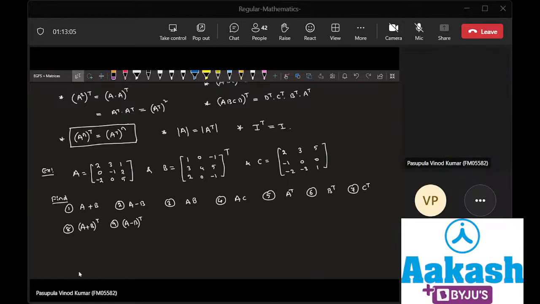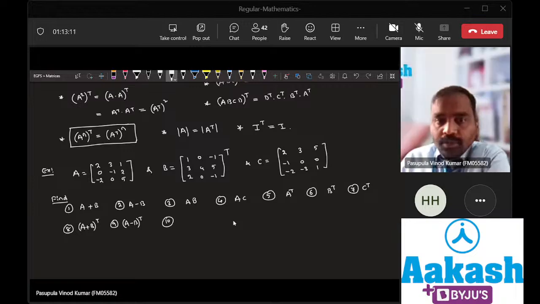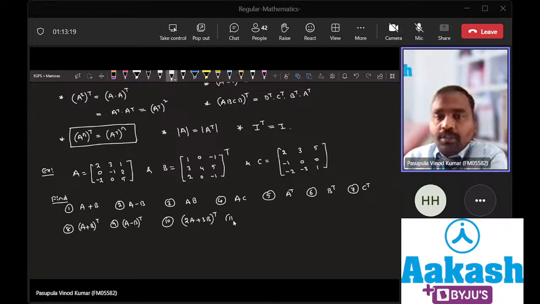And 10th one, this is 2A plus 3B whole transpose. Next, 11th one, A into A transpose, right? And 12th one, A into B into C, and 13th one, A into B transpose into C transpose.